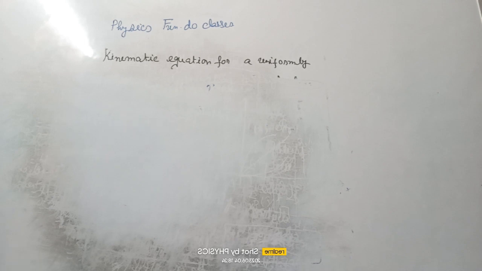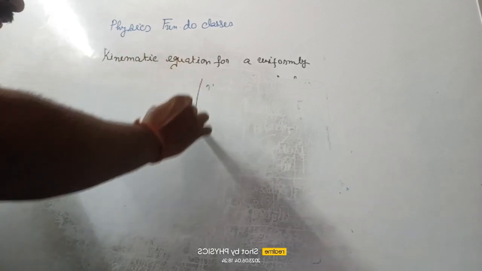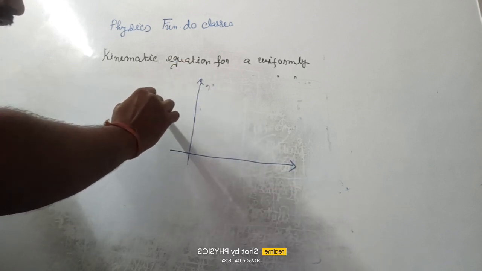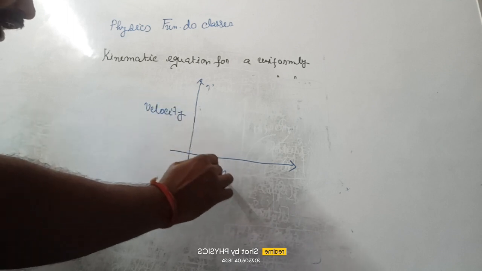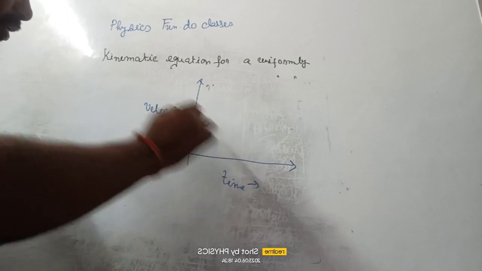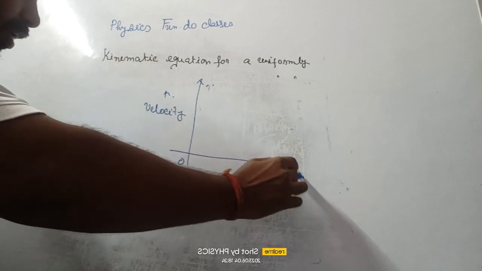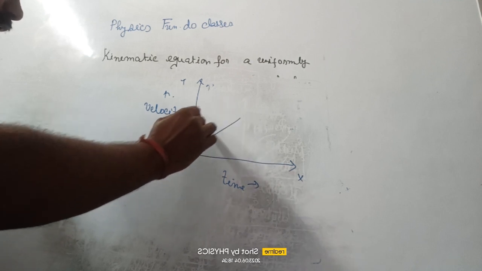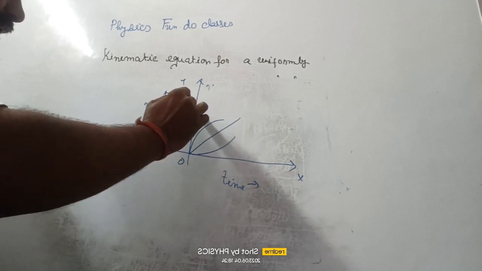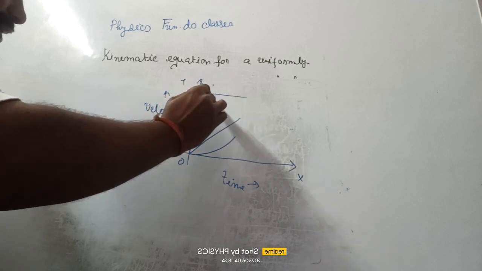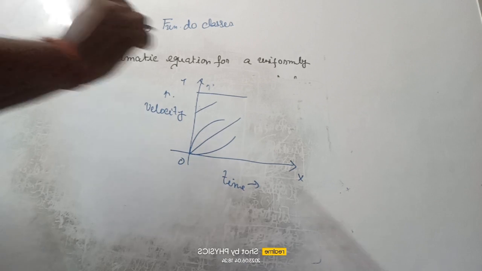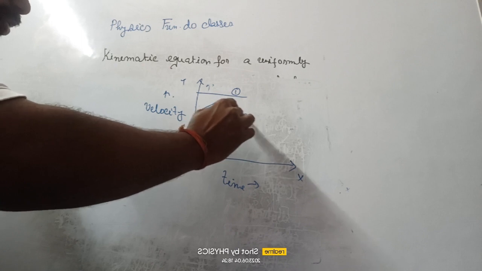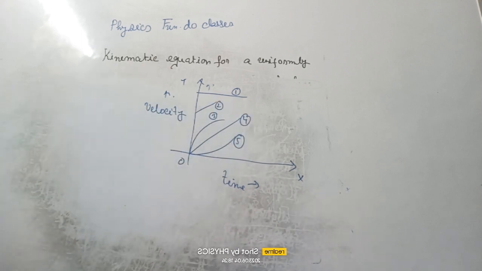Draw the velocity time graphs. This is O, X and Y. This is the number 1, 2, 3, 4, and 5.